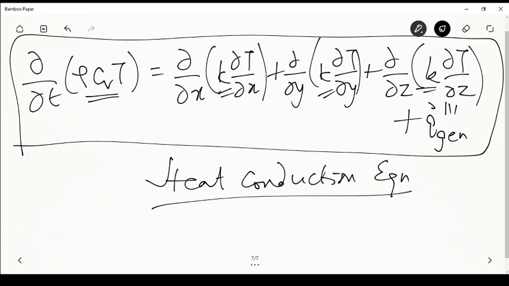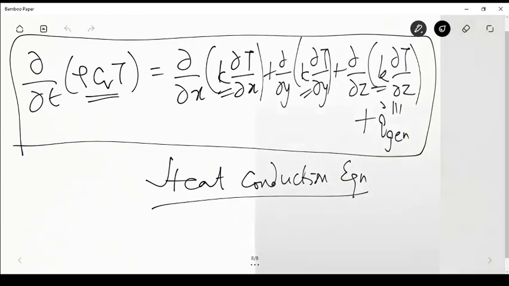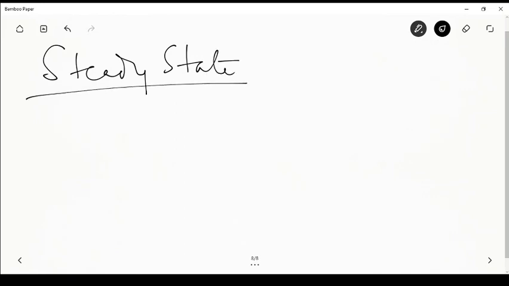One simplification that will be feasible is that the left hand side is equal to 0, that is, there is no time variation of anything. So we have what is called the steady state. Which is del by del t of rho Cv T equal to 0, which is also equal to the right hand side.